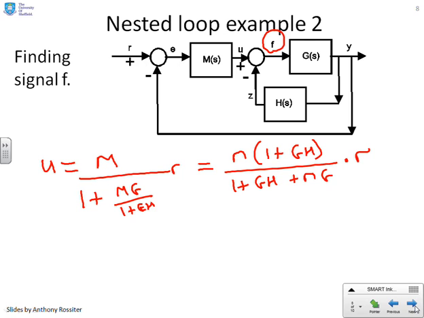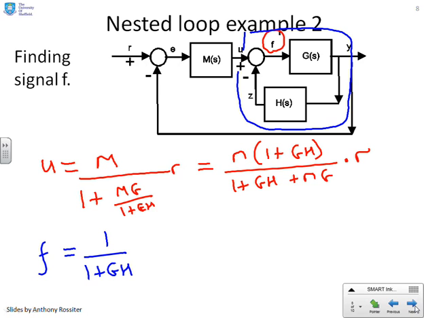Now, what's the dependence of the signal f on the signal u? Well, now you can treat u as being an input to a separate loop. So I'll put this loop here in this blue line. And that's a standard loop which we've covered in previous videos. So I can write down f equals 1 over 1 plus gh into u. Well, I've got u because I've just solved that above.